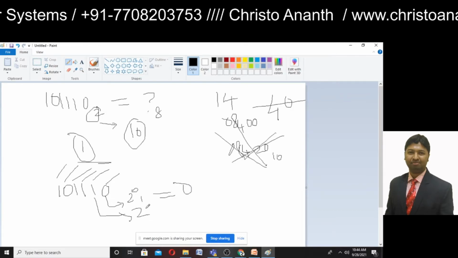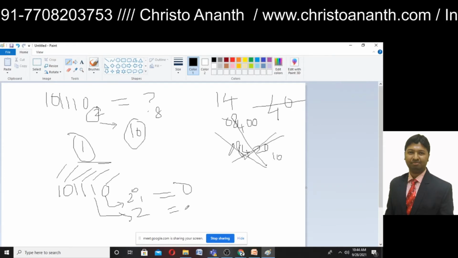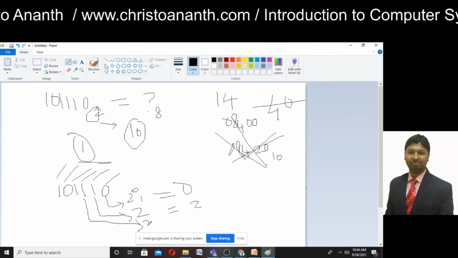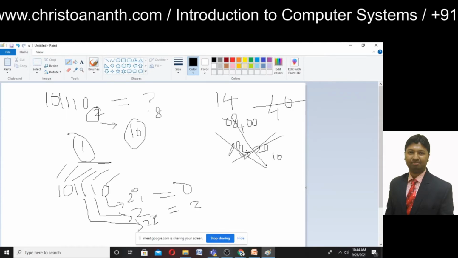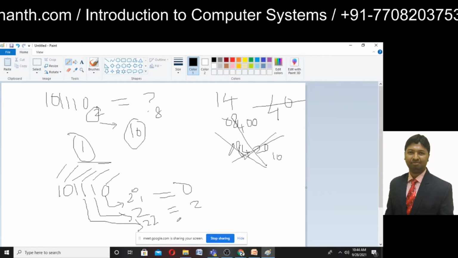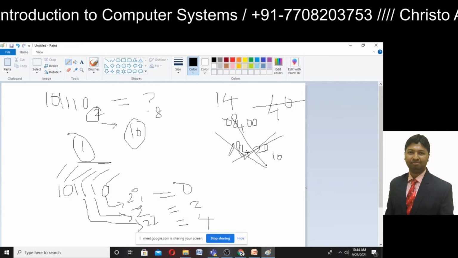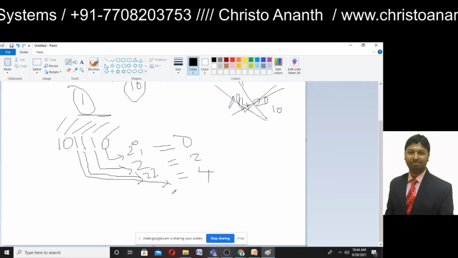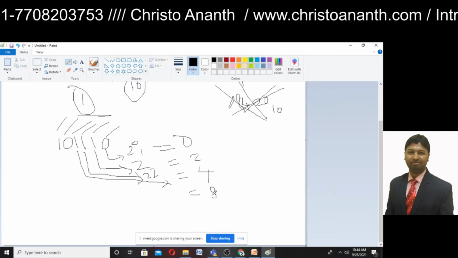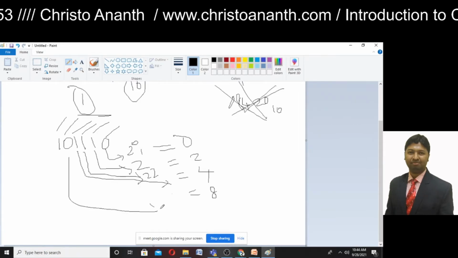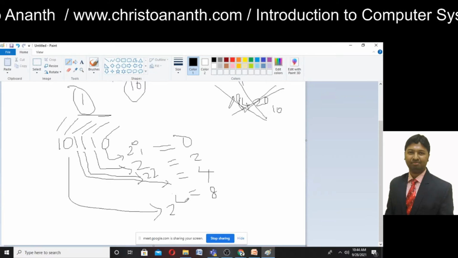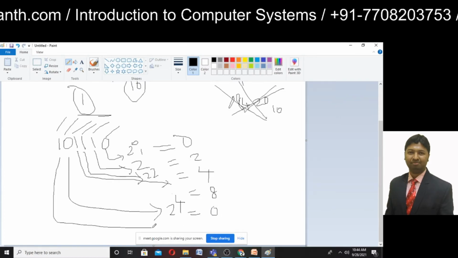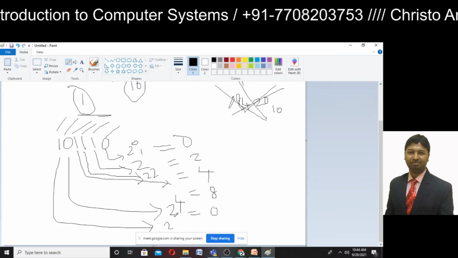Okay. 1 into 2 power 1. 2. 1 into 2 power 2. 4. 1 into 2 power 3. 8. 0 into 2 power 4. 0. Teacher, we are wrong. Okay. 1 into 2 power 5.